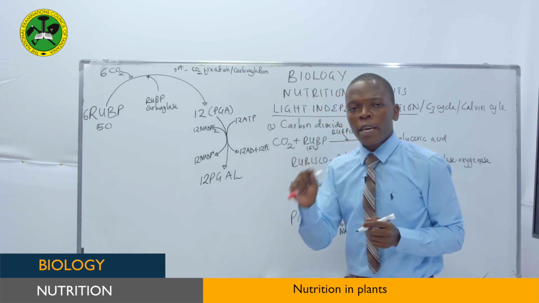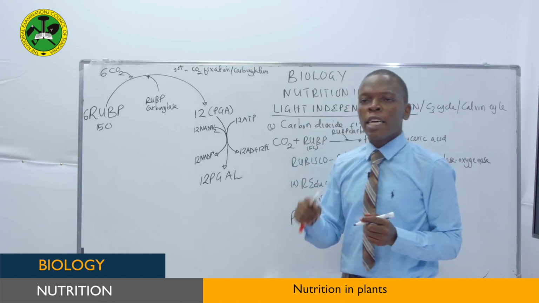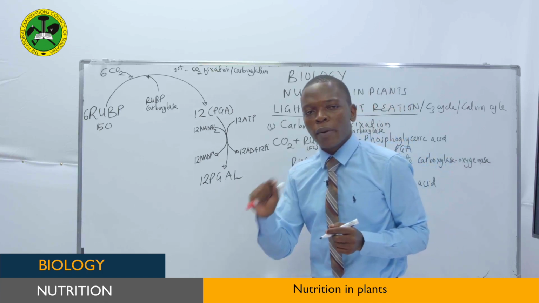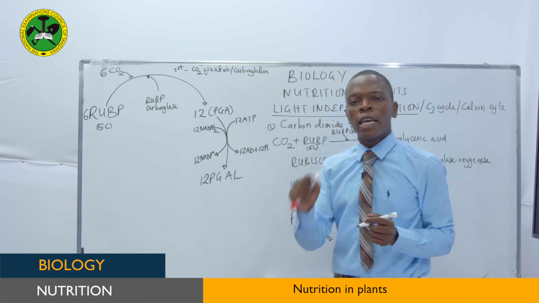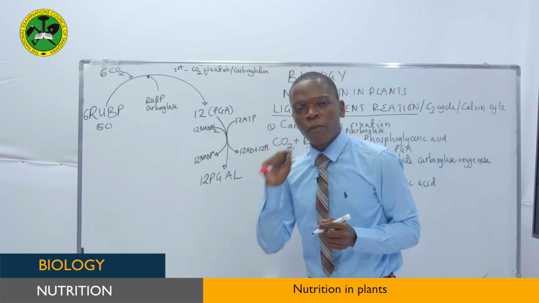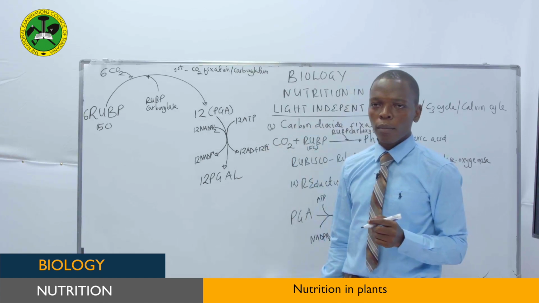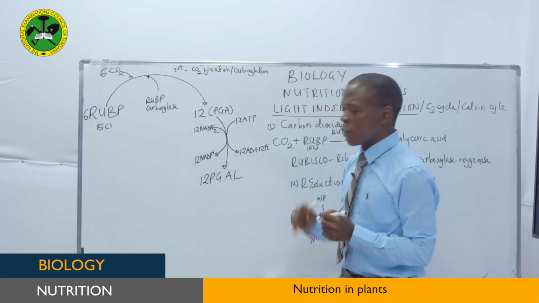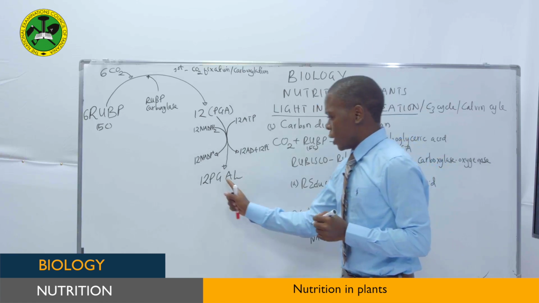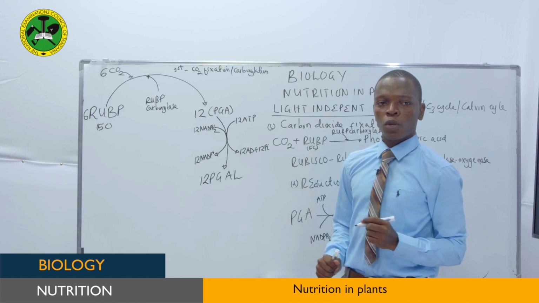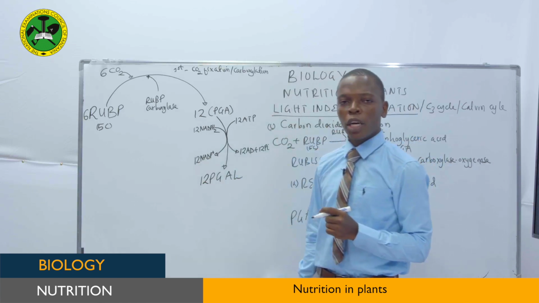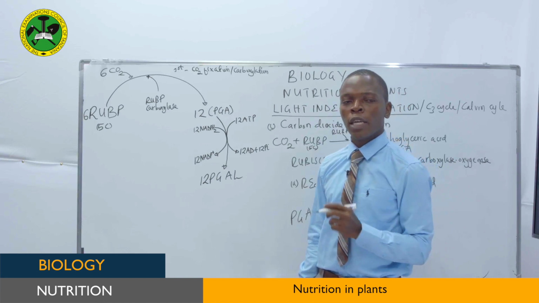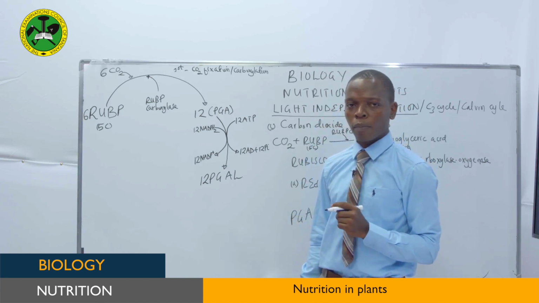But the remaining phosphoglyceraldehyde is used to regenerate the carbon dioxide acceptor known as ribulose bisphosphate.